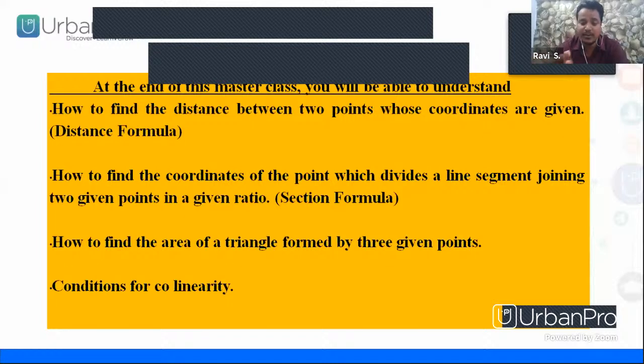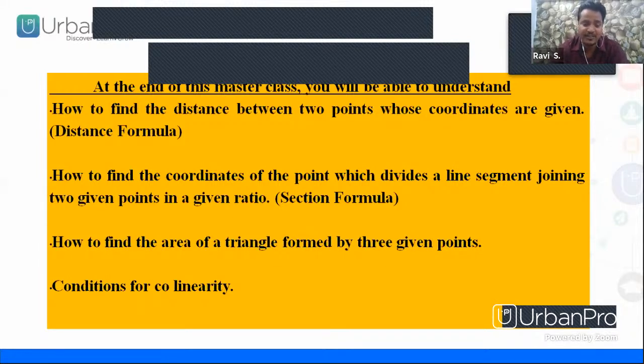You will be given a line segment, and you have to find a particular point which divides it. We will also learn to find the area of a triangle. Area of a rhombus, parallelogram, any quadrilateral can be found by using the triangle formula alone.